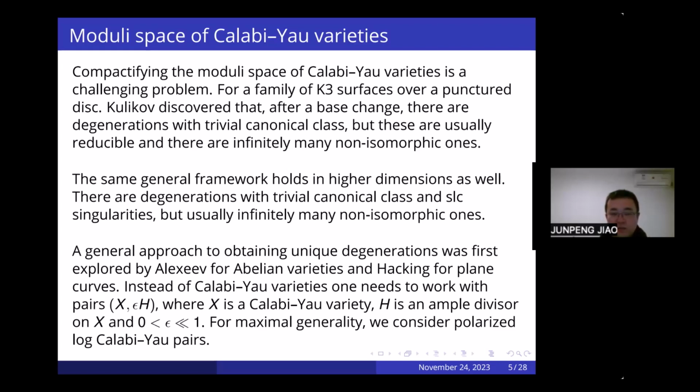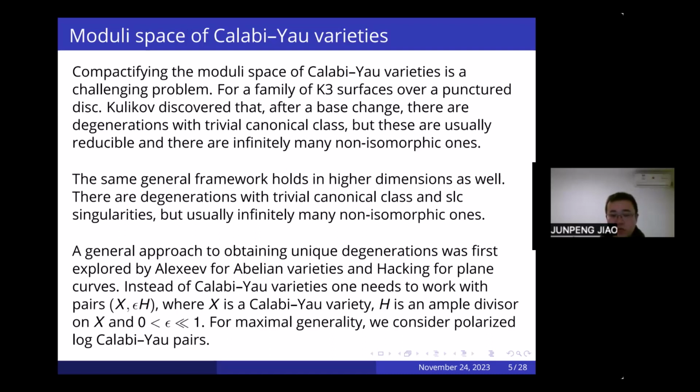The same general framework holds in higher dimensions as well. There are degenerations with trivial canonical class and SLC singularities. I will define what SLC is, but usually there are infinitely many non-isomorphic ones.